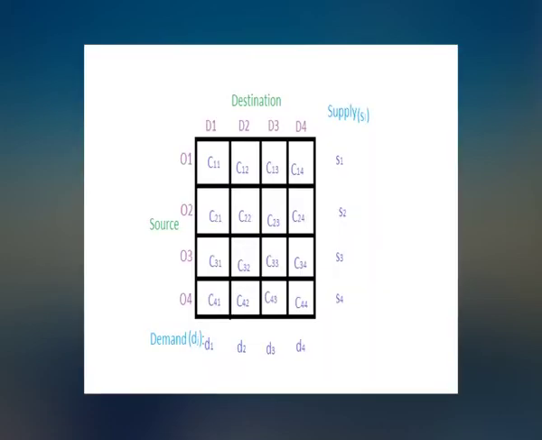As you can see in the table, this is the structure of a transportation problem. D1 to D4 are the destinations, O1 to O4 are the origins or sources of goods, S1 to S4 depict the supply of goods, d1 to d4 in small letters depict the demand of goods, and C11 to C44 depict the costs of transportation.